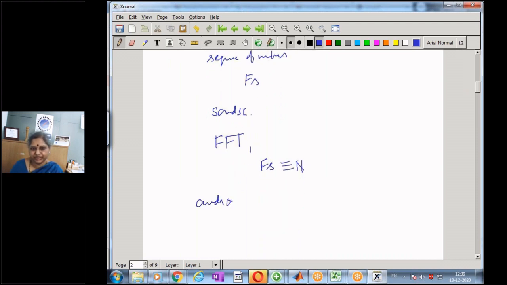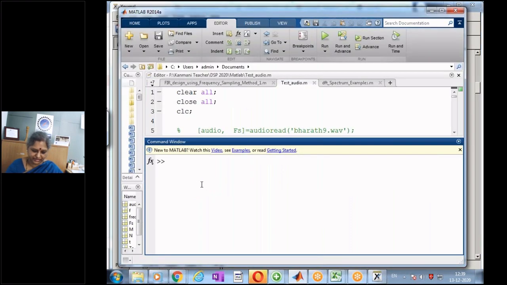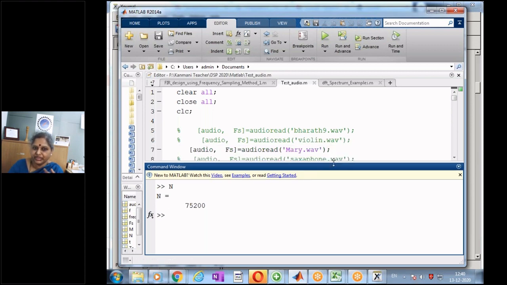An audio signal is also a sequence of numbers, x0, x1, etc., that goes on to a large size. If you see the size of our audio file, which we have taken for around 5 seconds, my n is almost 75,000 samples, for a time of less than 5 seconds.